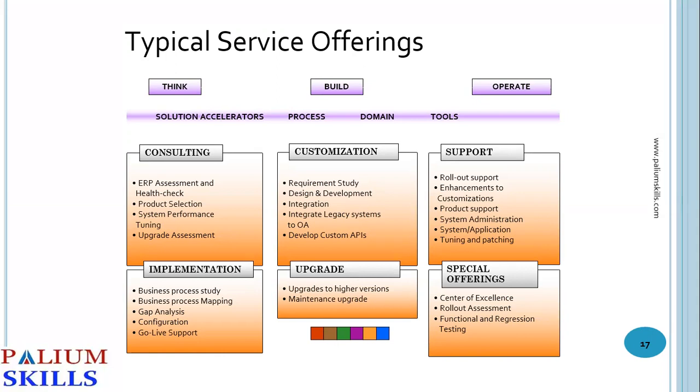There are assignments for consulting companies, Deloitte, PwC, EY, KPMG. They help customers do the product selection. They come up with a list of requirements for the RFQs that have to be submitted during the tendering process and so on.